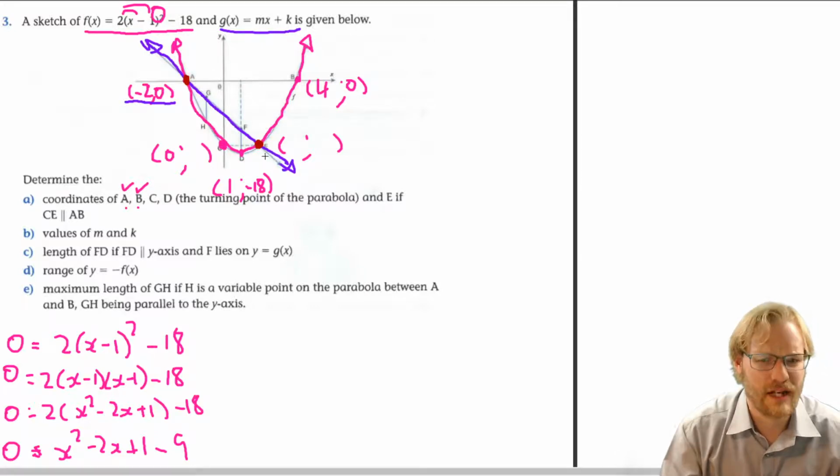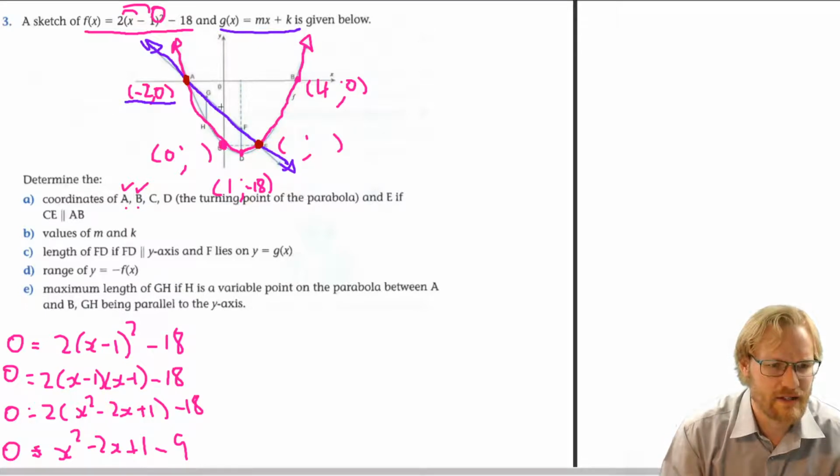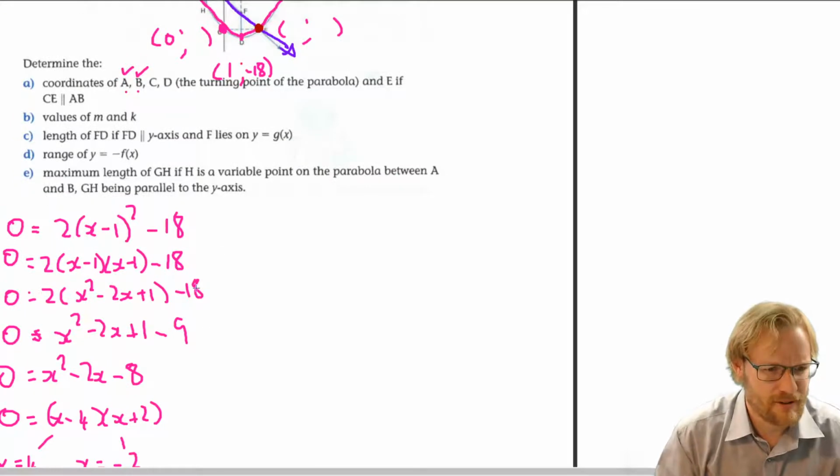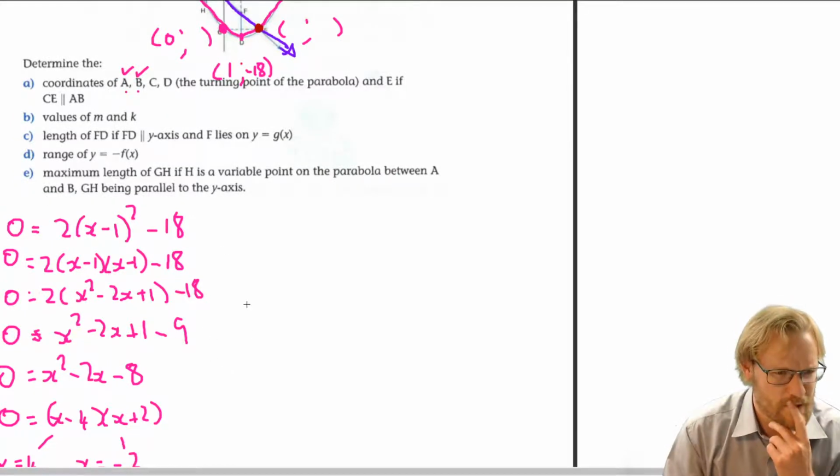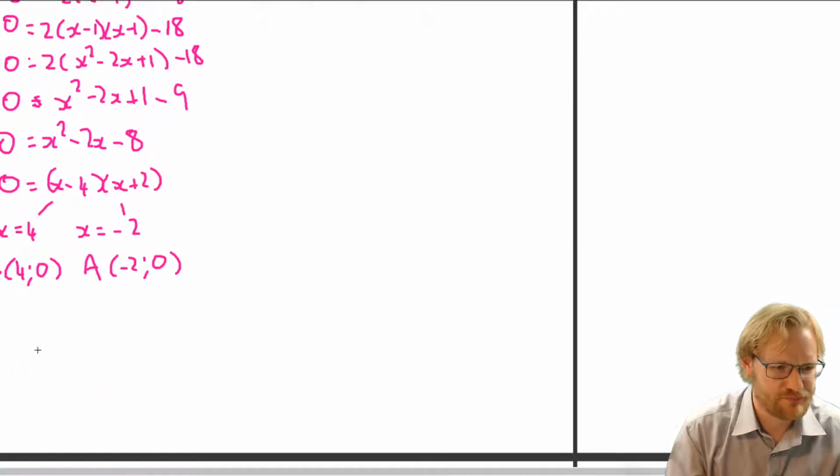We looked at the diagram at the beginning and said, well, C is just the y-intercept: x is 0, what's y? Now, let's substitute x equals 0.